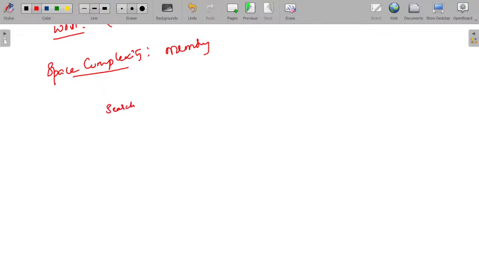So search, let us say I have taken 70, and then now I need to start a for loop: for i equals 0 to n, do, if search equals array of i, then we can say that found.